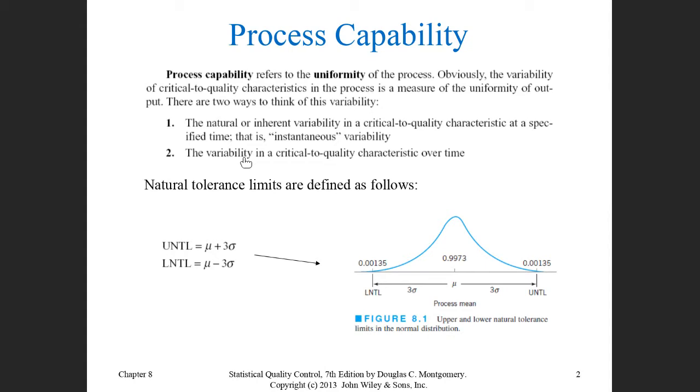The natural limits have been identified earlier as the natural tolerance limits. They refer to them as LNTL, the lower natural tolerance limit, and UNTL, the upper natural tolerance limit, and those are usually 3 standard deviations from the mean on the two sides of the bell shape.